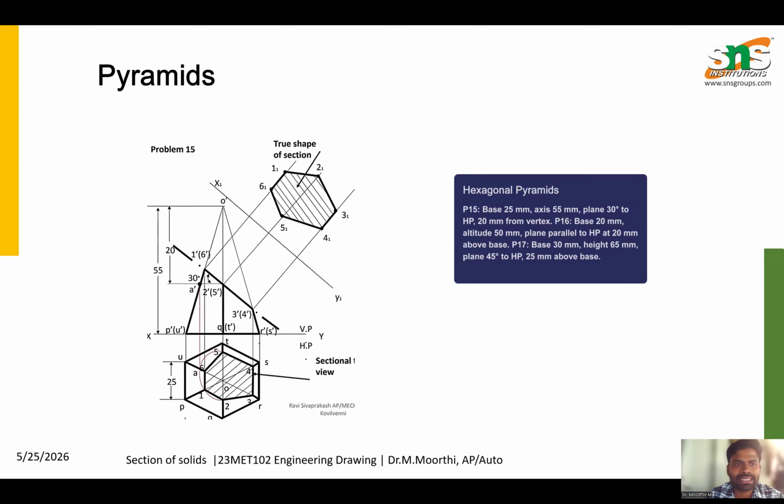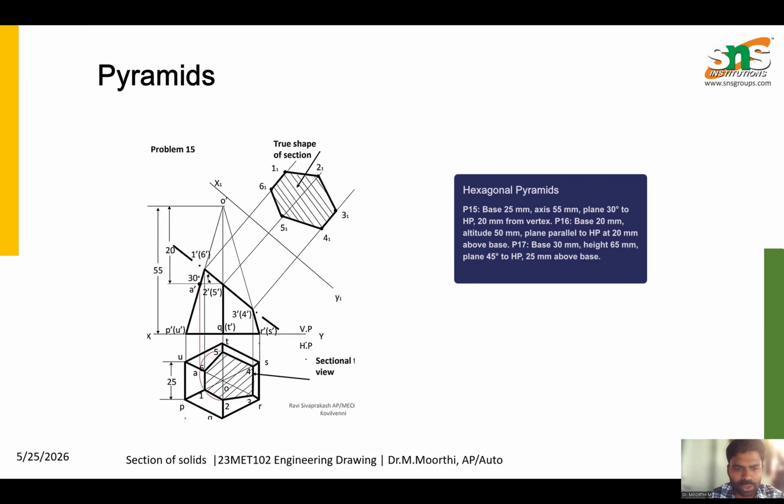The next one is the pyramid. Similar to the prism and cube, here we have a hexagonal pyramid, where the top view is a hexagonal shape and the front view is in triangle form. The condition is that the cutting plane is at 30 degrees to HP.